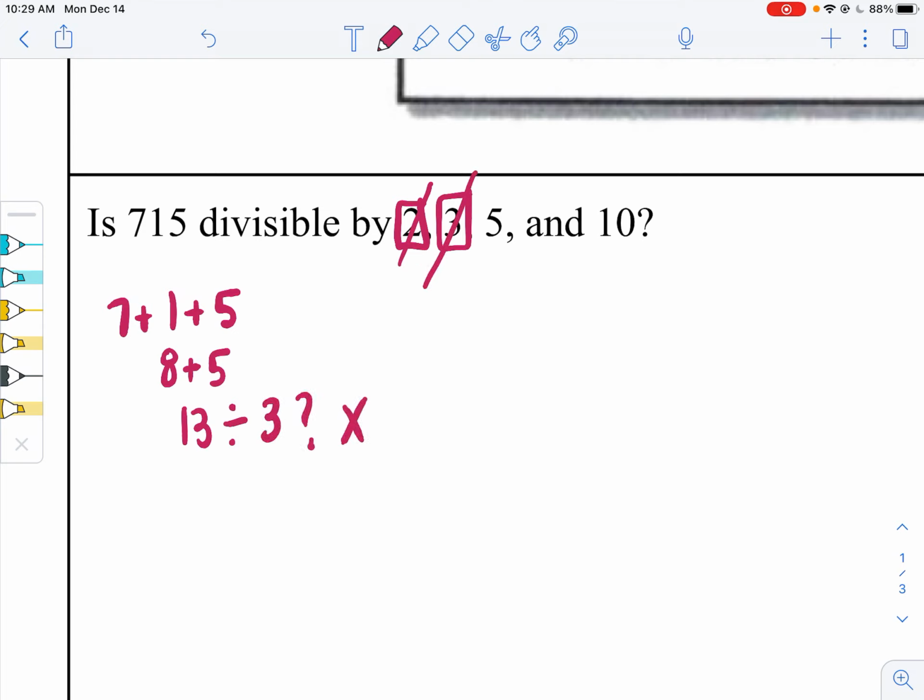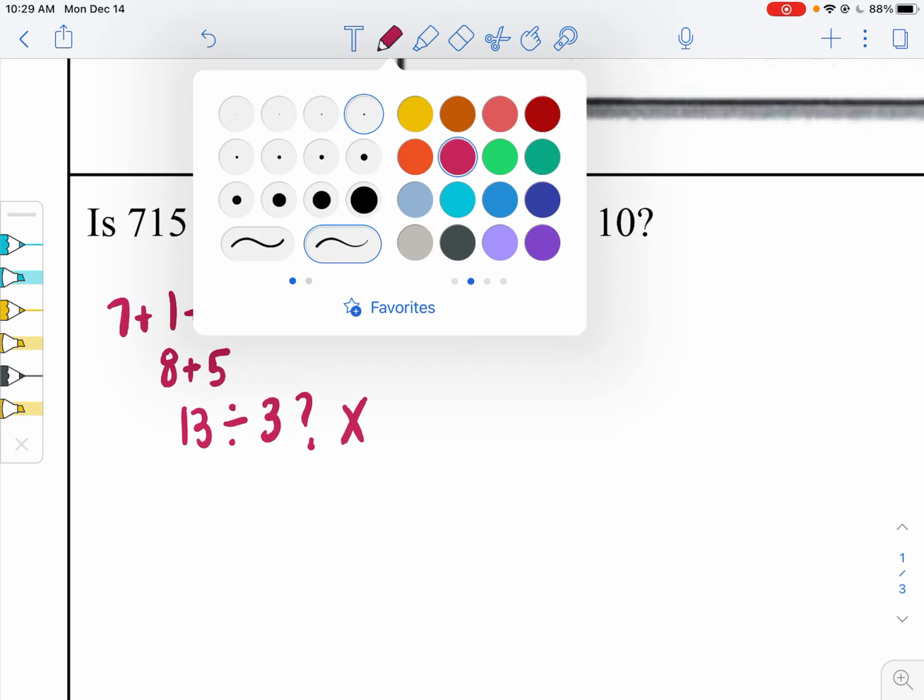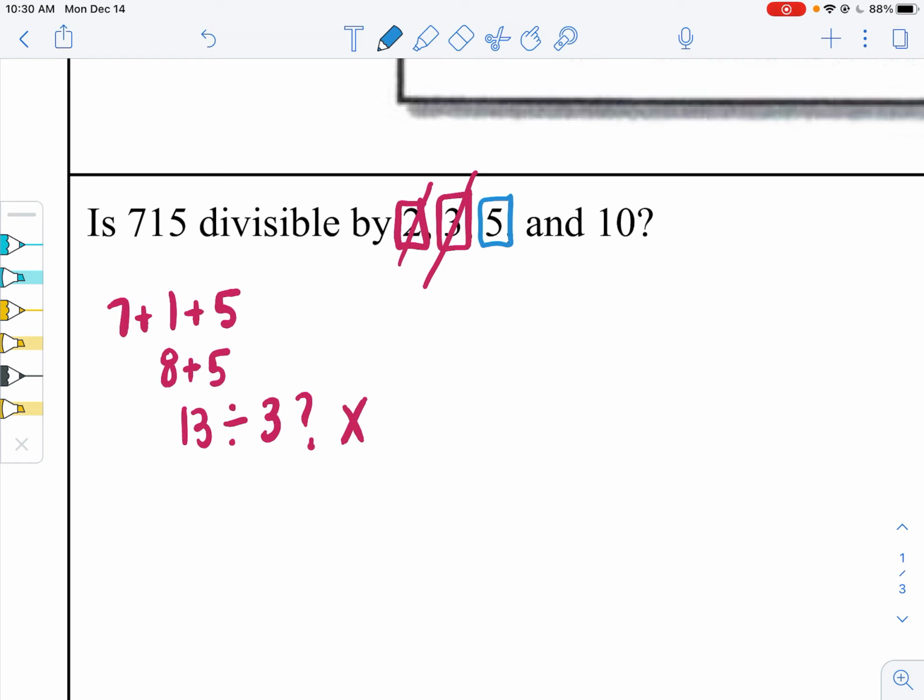No. So 715 is not divisible by 3. Then we go to the next one, 5. Can 5 go into 715? Yes, because it ends in a 5. And can 10 go into 715? No, because it doesn't end in a 0. So the only one it is divisible by is 5.